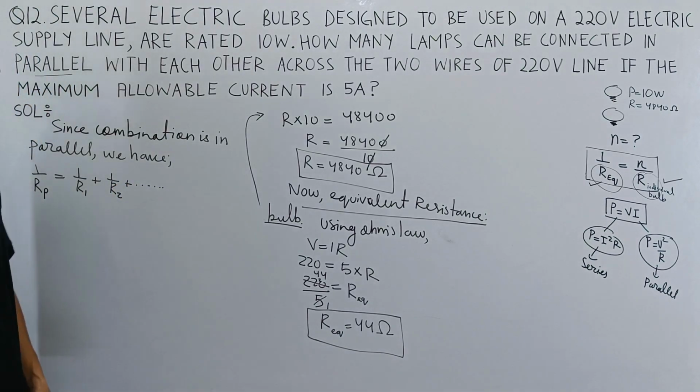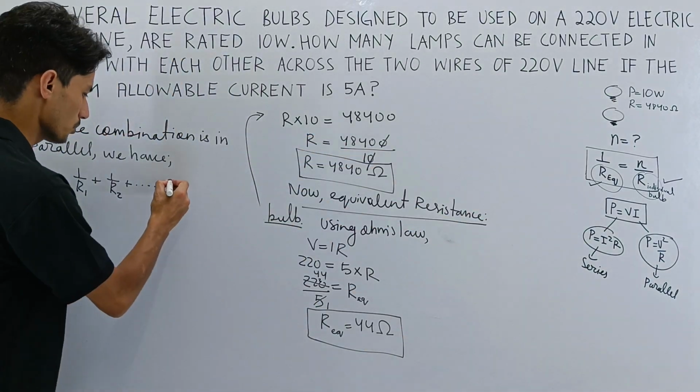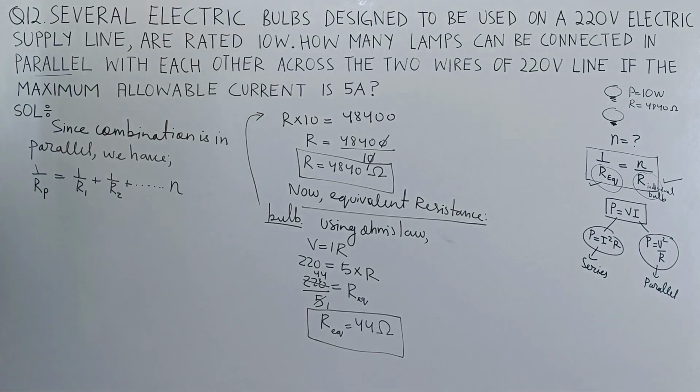We don't know how much it is. We are supposed to find N, so it goes on till N. So 1 by Rp, this is the equivalent resistance.